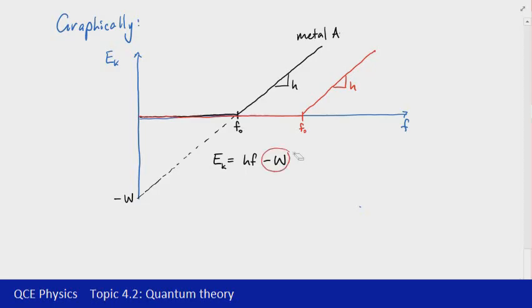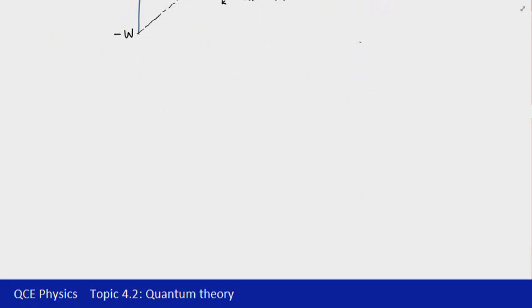So you can see on that second line that I've just drawn, the intercept on the vertical axis would be lower. But ultimately, for the photoelectric effect, the gradient will always be constant. It's that value h. The horizontal intercept will vary depending on the threshold frequency, and that correspondingly has an effect on the vertical intercept if you were to extend that trend line down to that vertical axis, where that corresponds to the work function.